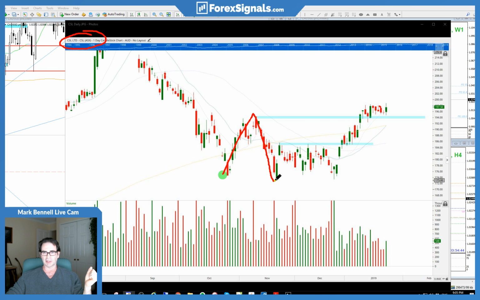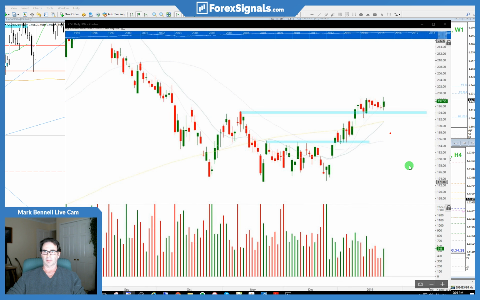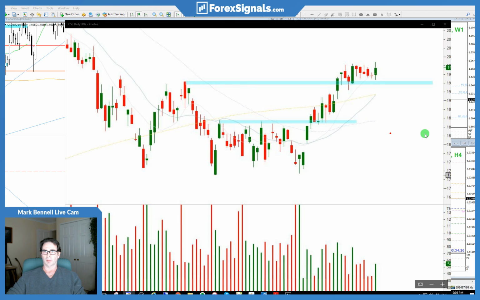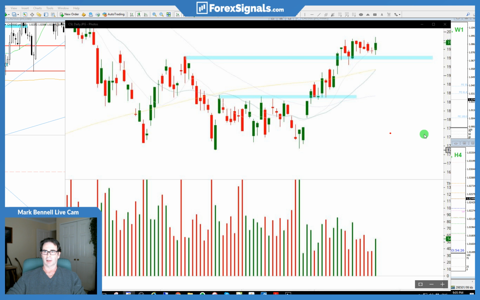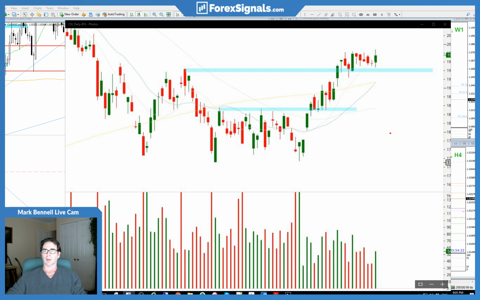So we've got a big base structure. Nice big push. Break above the base. So here is the pattern, but in a little bit more of an extended area.